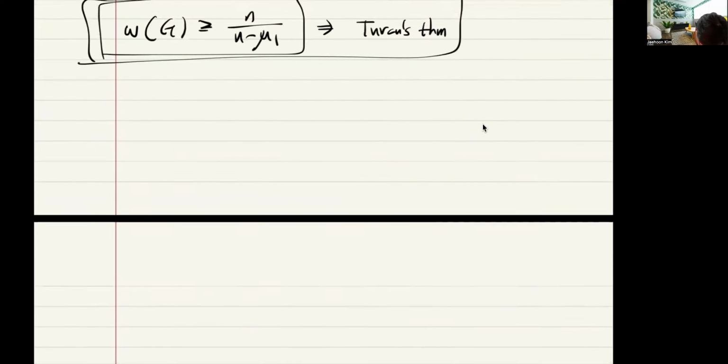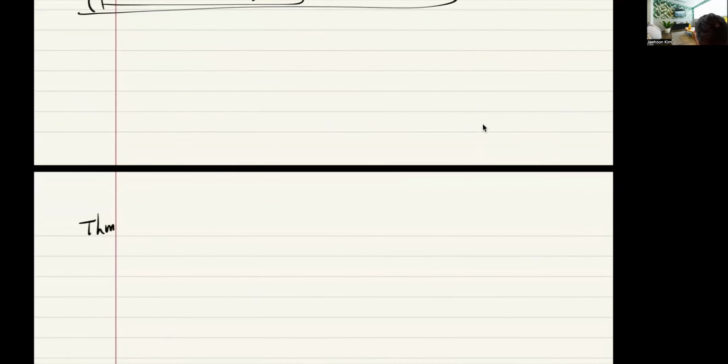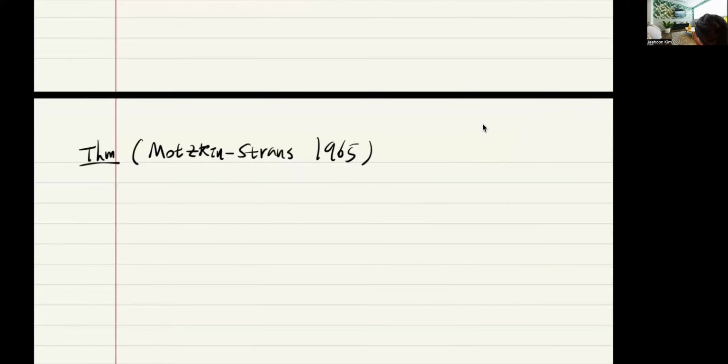So let's prove this. We want to first prove this theorem by Motzkin and Strauss. Let G be a graph with its largest clique of size r.